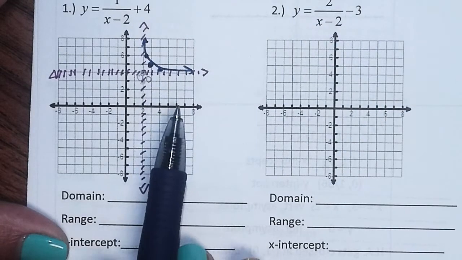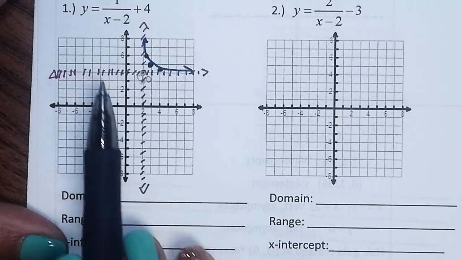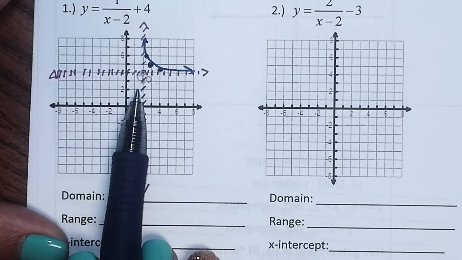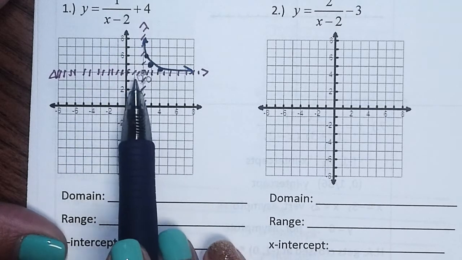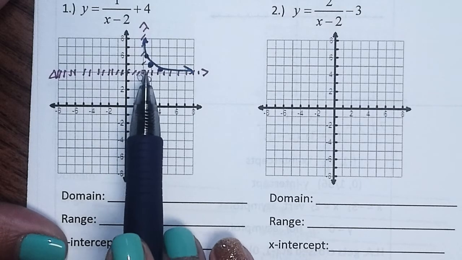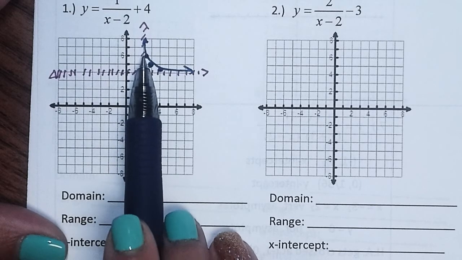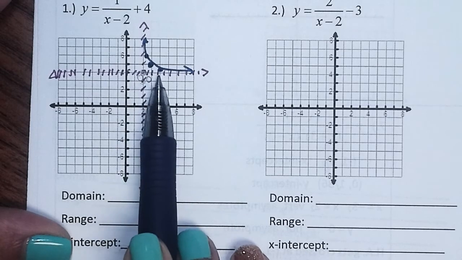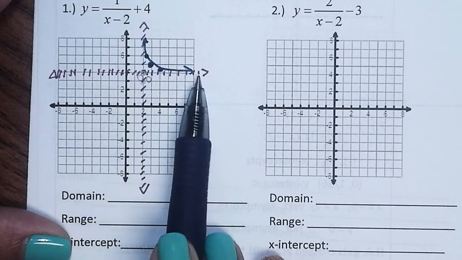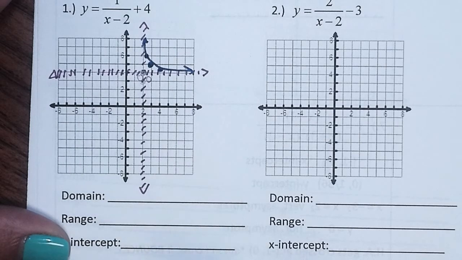So one more time, I just pretend that where those asymptotes meet, that's the origin, 0, 0, and from there I graph the parent function. The points for the parent function are 1 half, comma 2, 1, comma 1, and 2, comma half. And those are the positive part of the function.